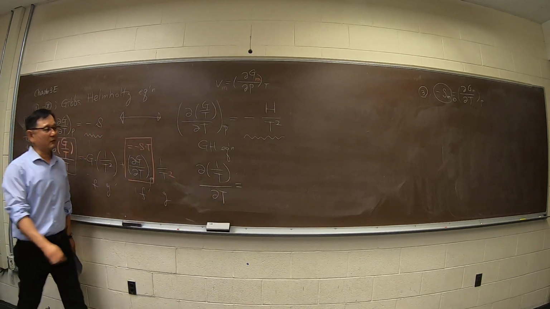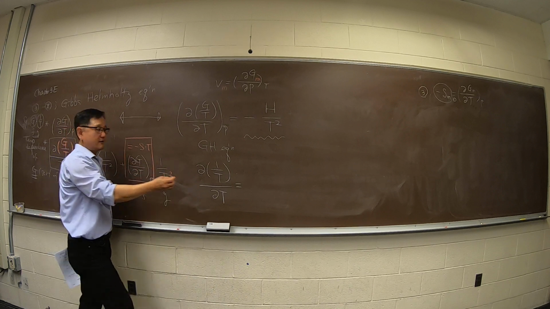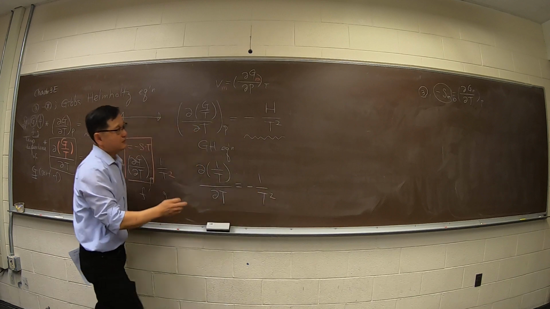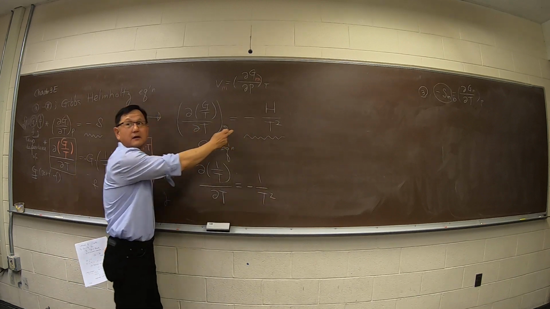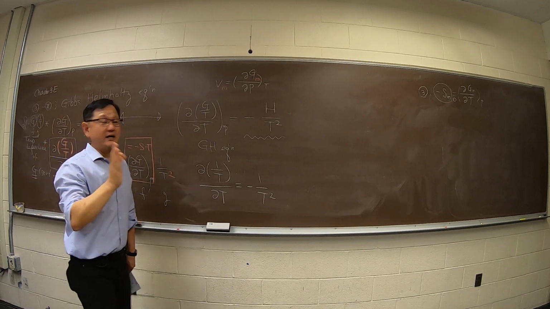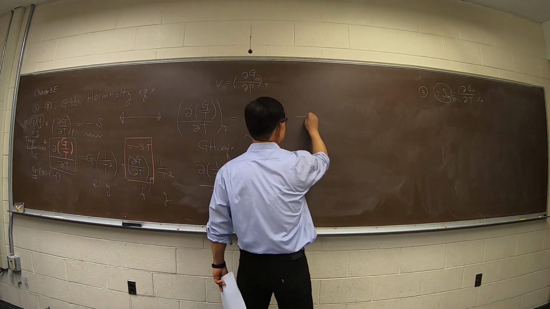Just a derivative of 1 over x. That will be minus T squared, right? You see that here? I don't know whether this equation became more ugly or not. To me, it became more simplified by going this way.